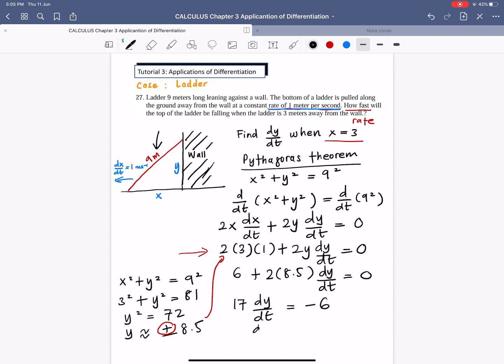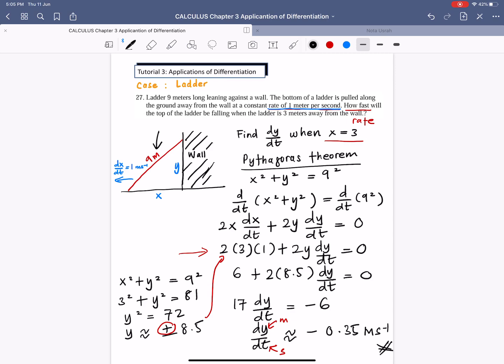Then you will have dy/dt approximately negative 0.35. And since y is measured in meter and t is measured in second, the unit for dy/dt is meter per second. So this is the answer we are looking for.